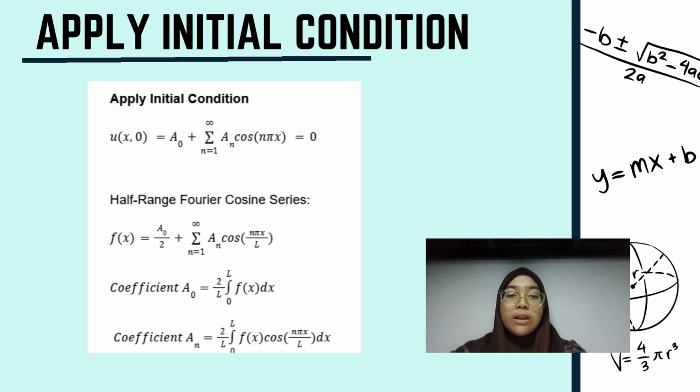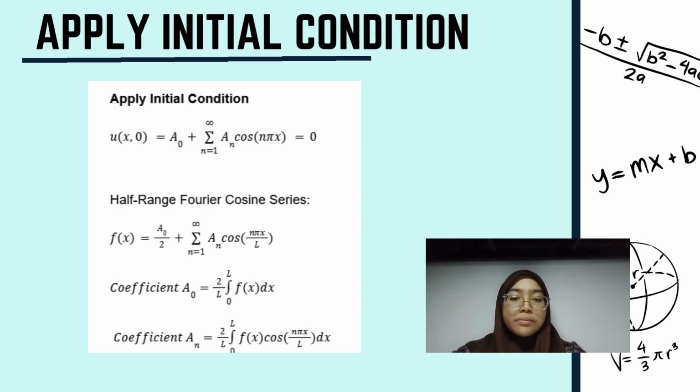Okay, next we will apply the initial condition. The initial condition for this problem is u(x,0) equal to f(x). Then we will compare the initial condition with the general solution. So we will obtain u(x,0) equal to a naught plus summation of n equal to 1 to infinity a_n cos n pi x. The exponential will be 1 because t is 0.